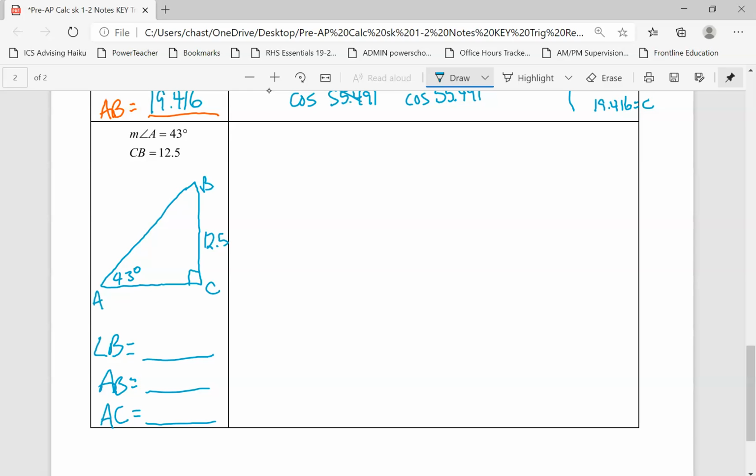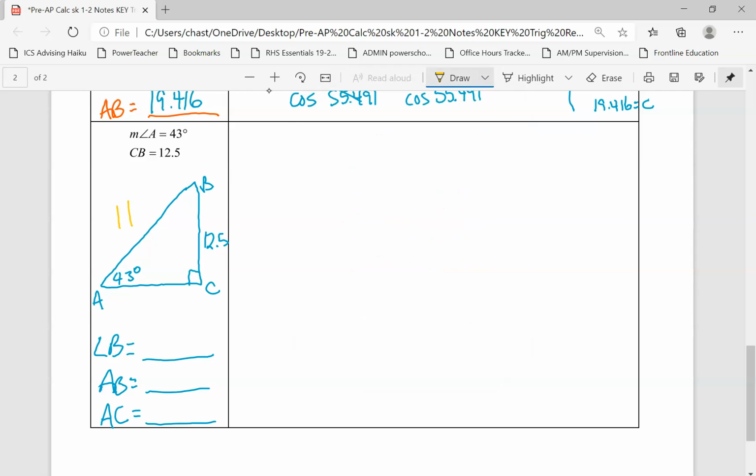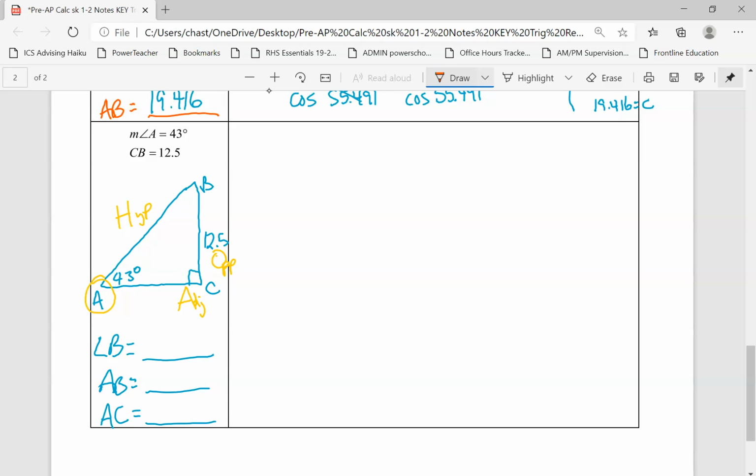All right, so looking at this one, if I label my triangle, we have our hypotenuse here. I'm going to use angle A again as my reference angle. So we have our opposite side and our adjacent side. Looking at this right away, I can see that I will have to figure out one of these sides.